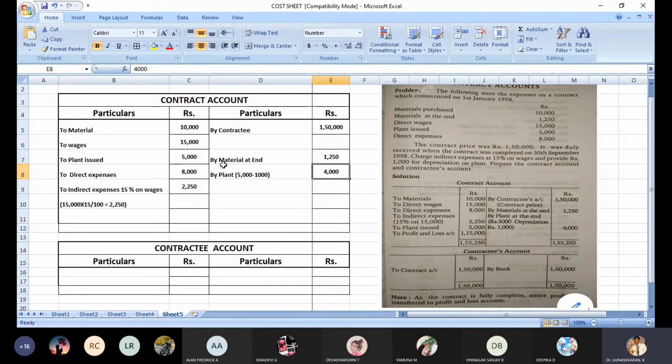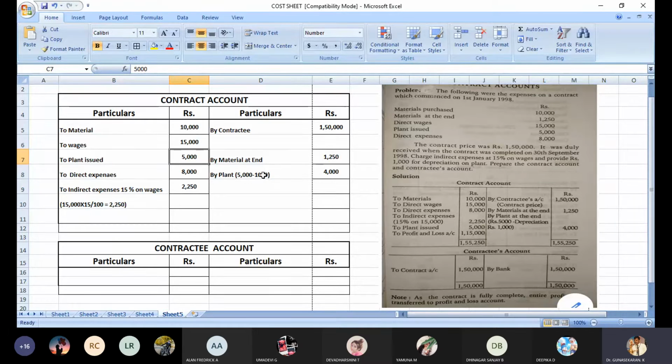The same plant has a cost of 5,000 rupees, and now the same plant stock has a value of only 4,000. We have to reduce 1,000 rupees for depreciation.